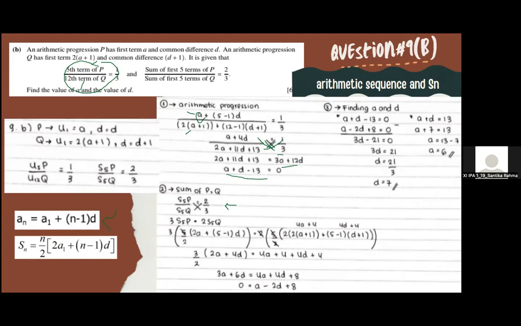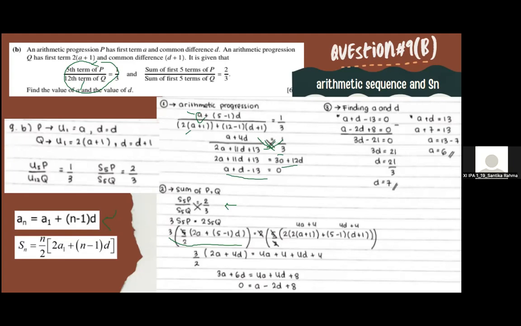So 3 times the sum of the first 5 terms of P equals 2 times the sum of the first 5 terms of Q. We insert the formula for the sum of n to get 3 times 5/2 times 2a plus 5 minus 1 times d, which equals 2 times 5/2 times 2 times a plus 1 plus 5 minus 1 times d plus 1.